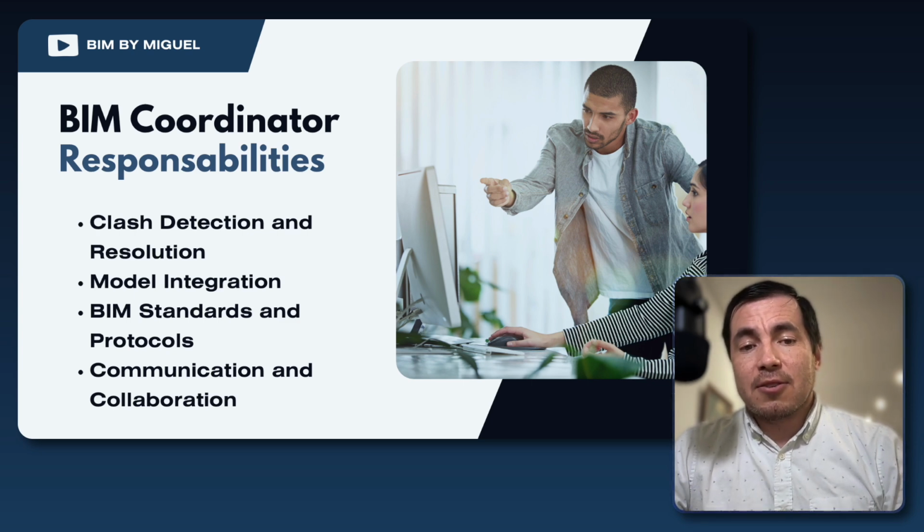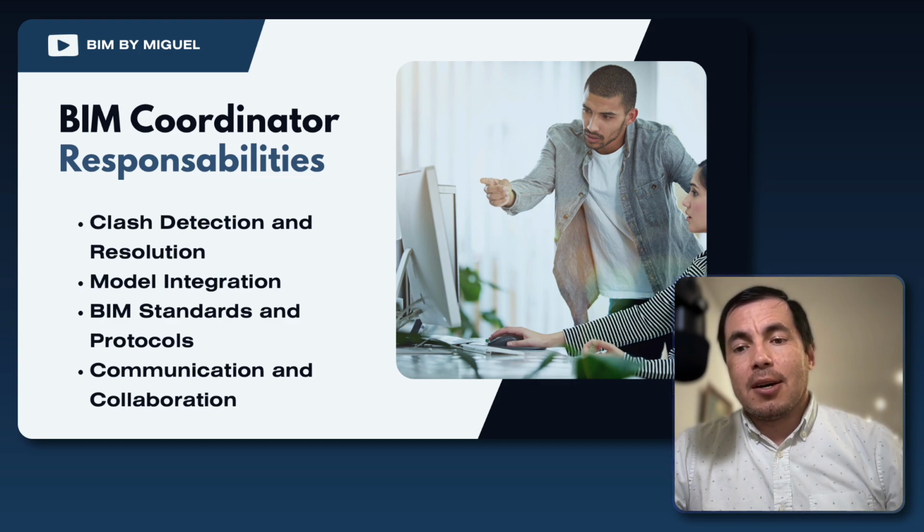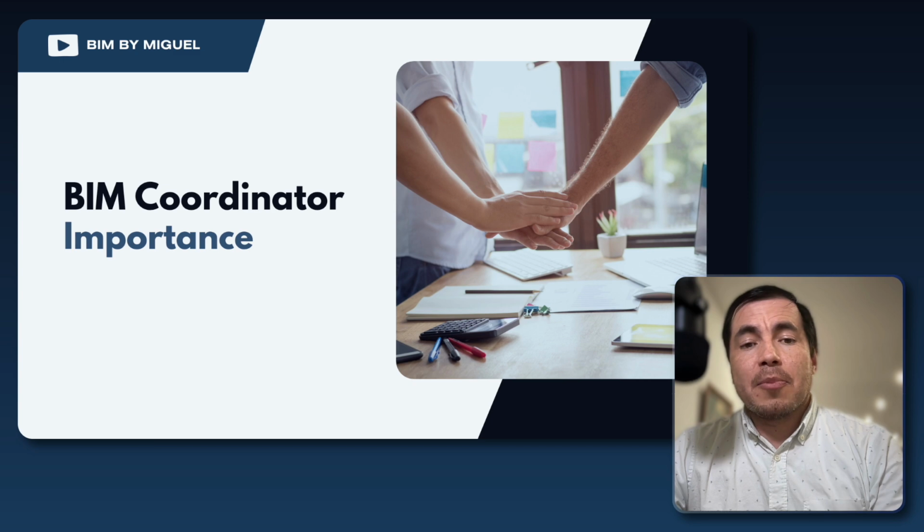They also serve as communication and collaboration because they facilitate the communication between the different disciplines. All right, they are the ones that are aware of everything that is going on in the different disciplines of this specific project. So why do we need to understand what the BIM coordinator is?